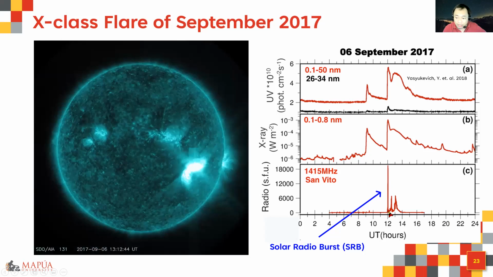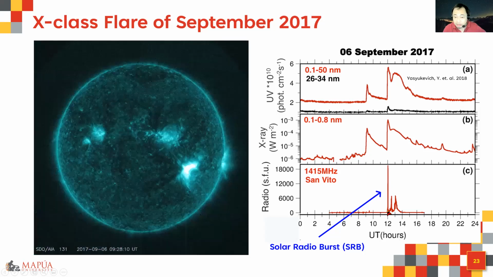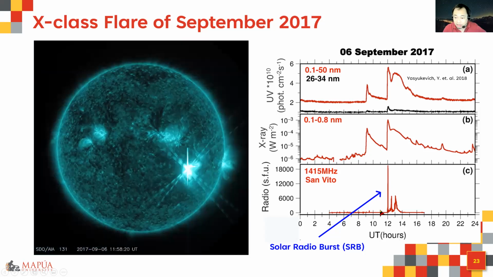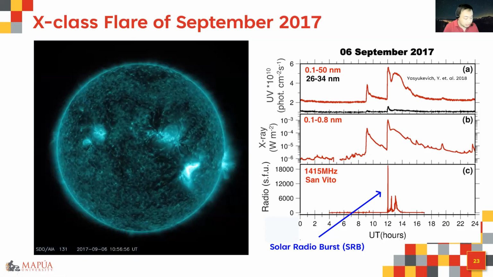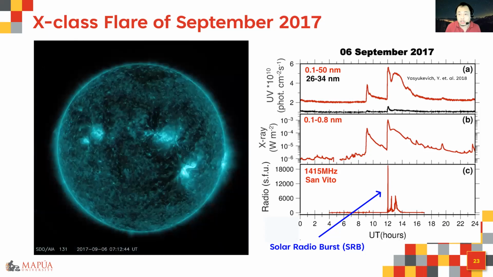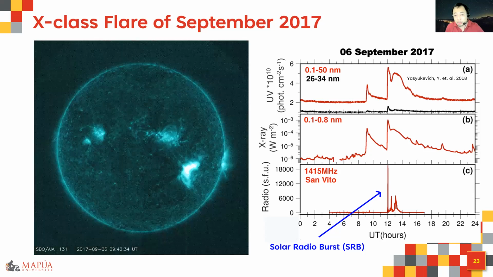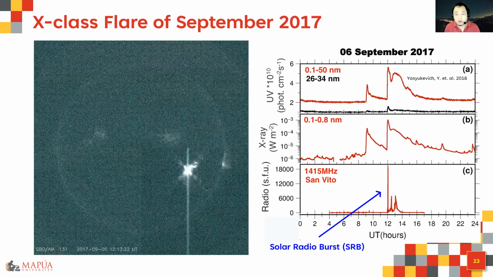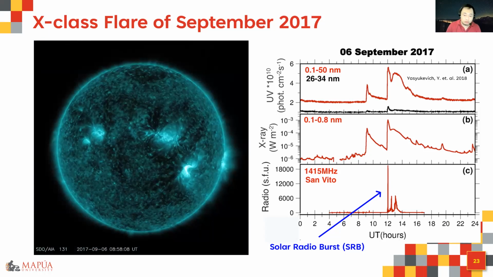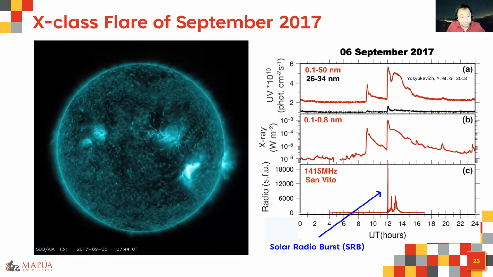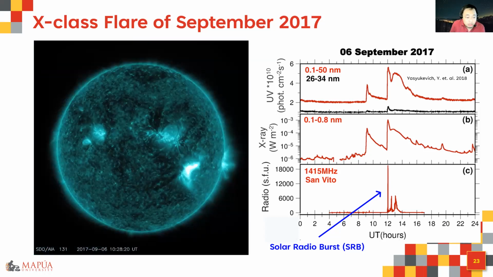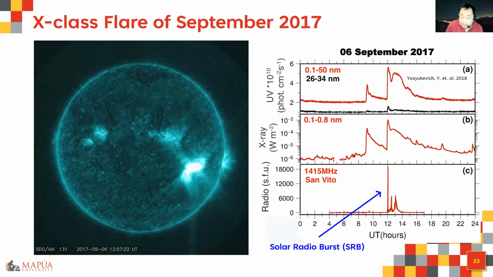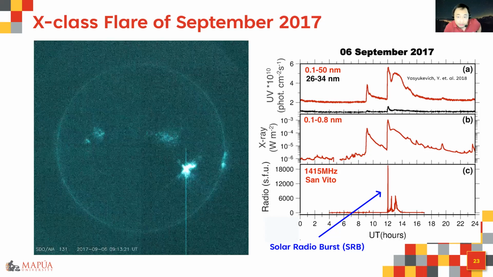Also, it doesn't necessarily mean that solar radio bursts only happen during X class flares. There are already recorded observations of solar radio bursts even for lower class solar flares like M class flares or even C class flares. So this is what we call solar radio bursts, and these can be observed at different radio wavelengths.